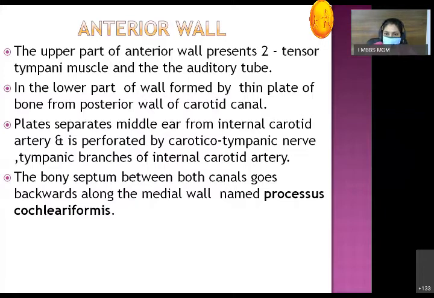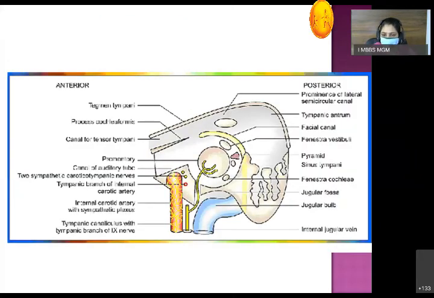One is for the auditory tube and above it for the tensor tympani muscle. So these are the two openings in the anterior wall. In this figure, you can see this is the coronal section through the middle ear cavity.